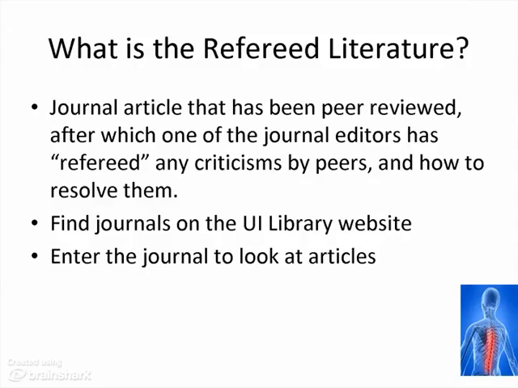And then the original author tries to address them, and then the journal editor decides whether or not they've been sufficiently addressed. So you can find these kinds of journals on the UI library website. They're often also referred to as the technical journals. And then you can go inside from the UI website, the journal, to look at articles.